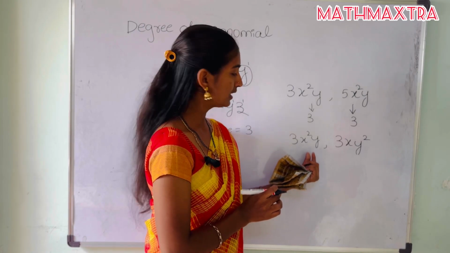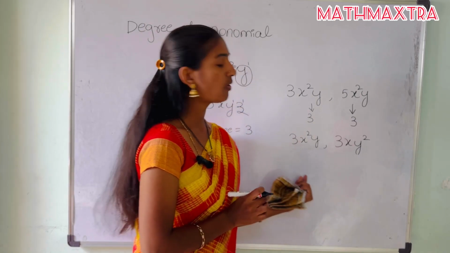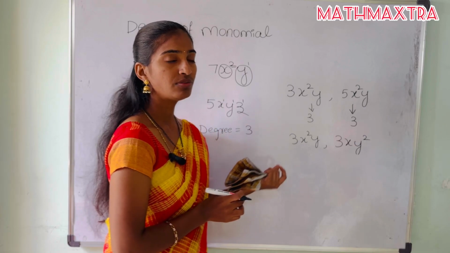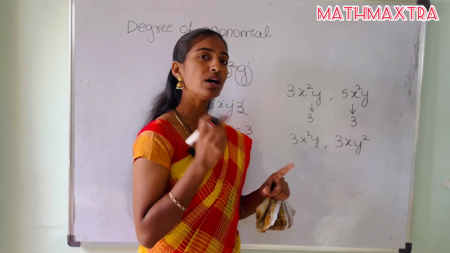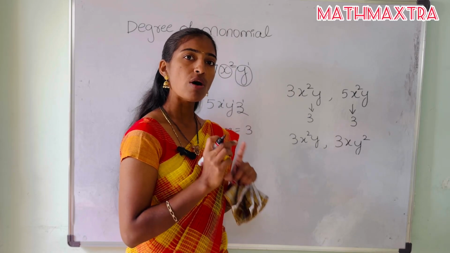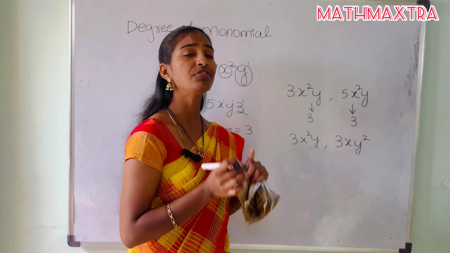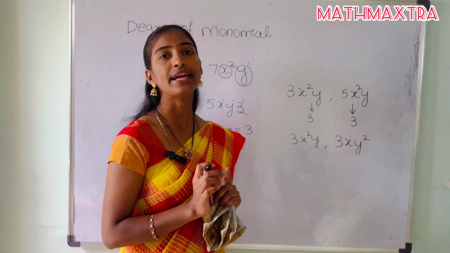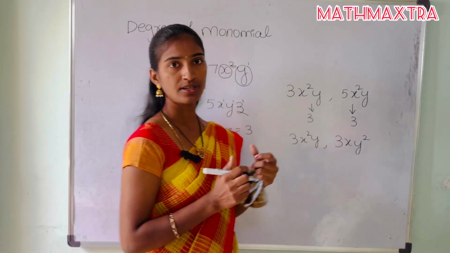No, right? This is x square y. This is x y square. These are not like terms, but they have the same degree. So our note point is that two or more like terms always have the same degree. But if you consider same degree terms, they need not be like terms. Okay. So this is our note point from this.